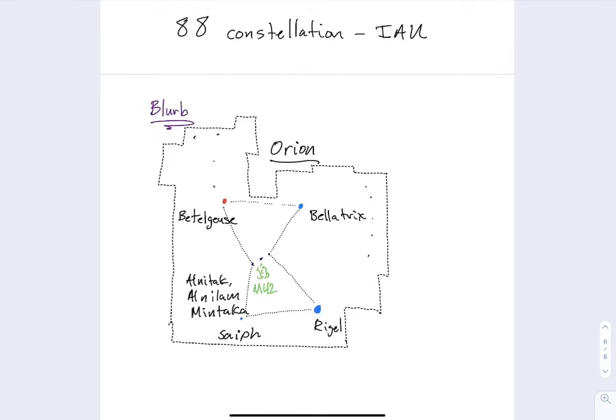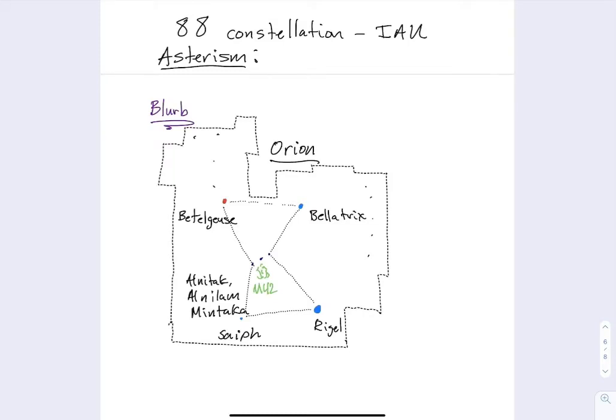So in general, when we would talk about pieces of a constellation like Orion's belt, those are a well-known group of stars that come from one or more constellations. We give those a different name. Those are called asterisms. An asterism is a grouping of stars that comes from one or more constellations, but is not a constellation itself.